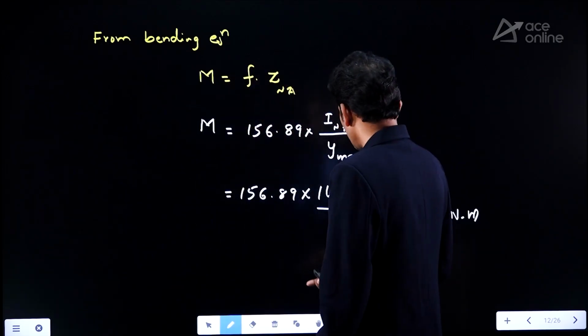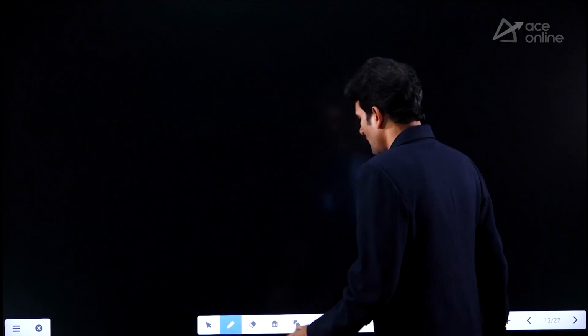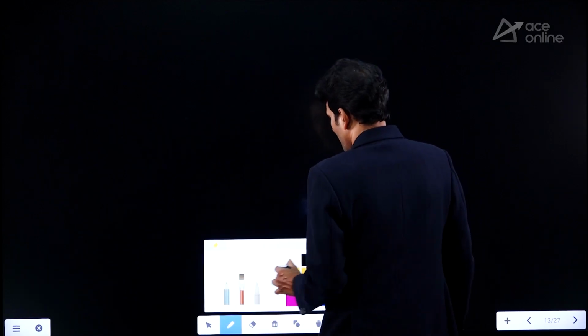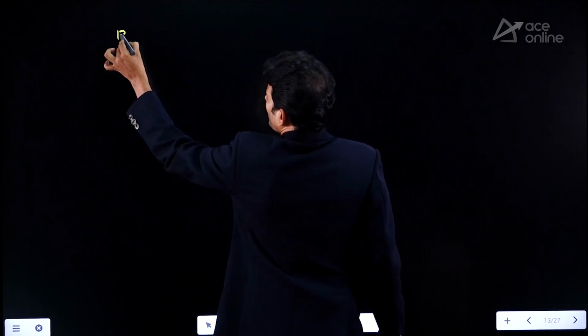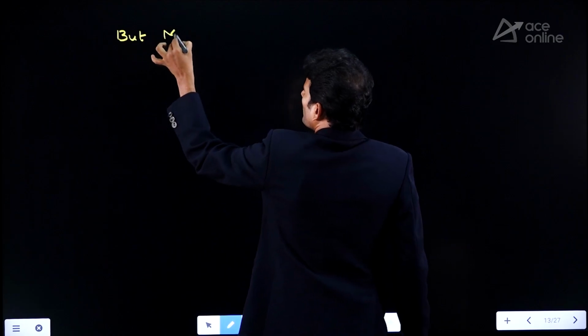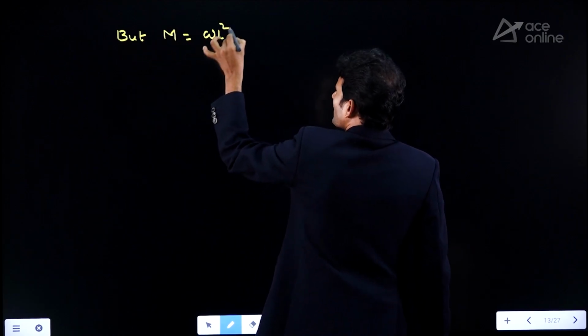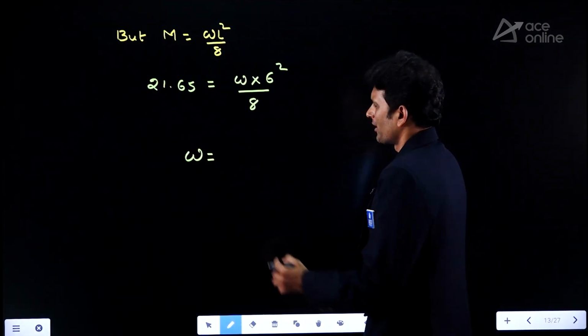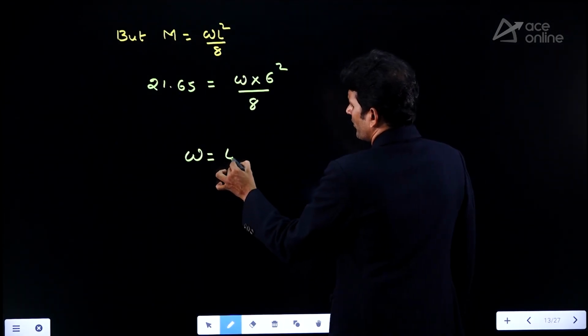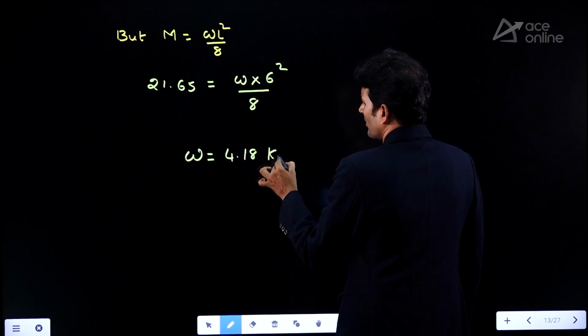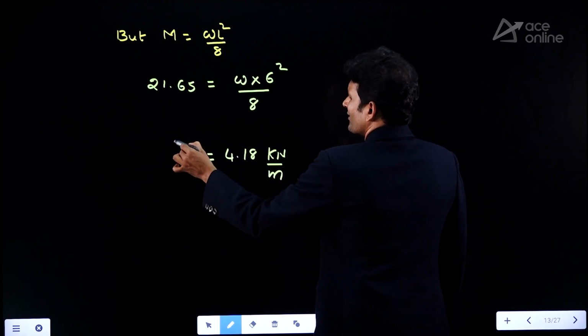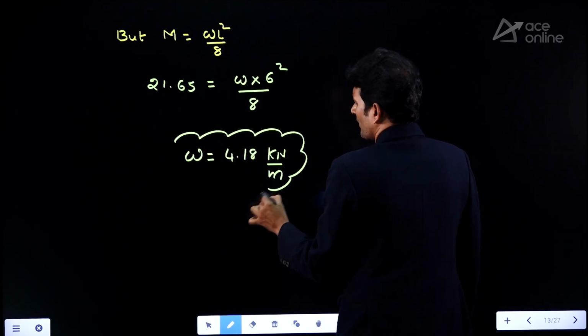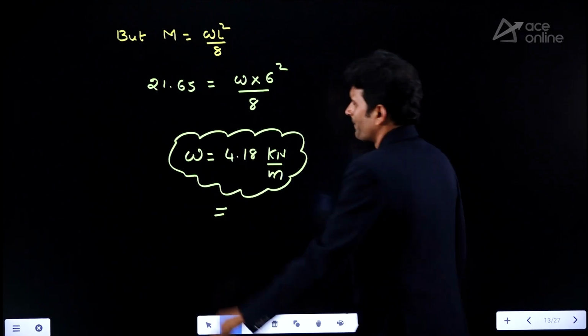But for a simply supported beam under UDL, maximum bending moment M equals omega L square divided by 8. You can equate that. By calculating, we are having omega equal to 4.18 kilonewton per meter. This is the minimum UDL we need to apply for the given condition, right?